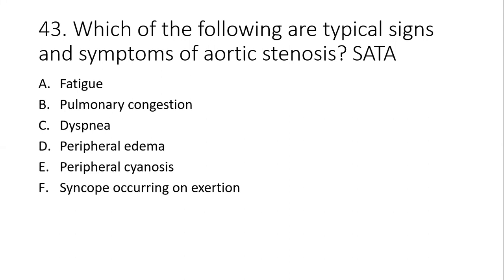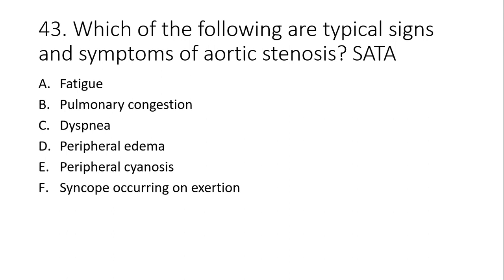I had to change it because I went over this earlier and looked back at the text, and I guess the pulmonary congestion is more of a later sign. There are classic signs of aortic stenosis, and they come from something with cardiac output.